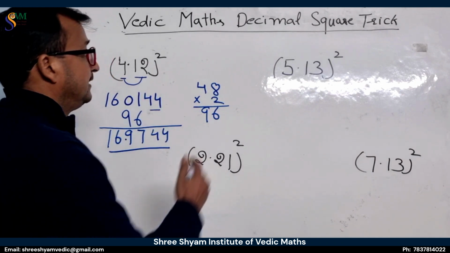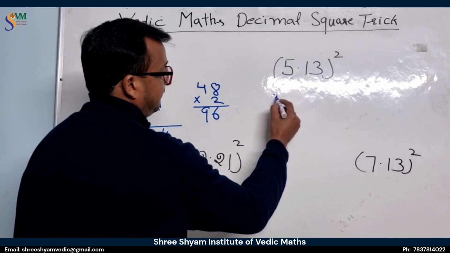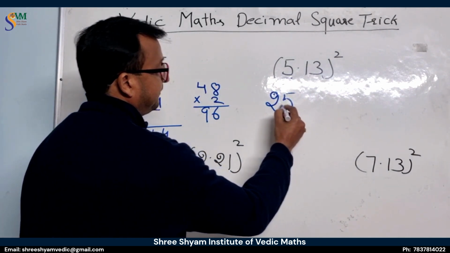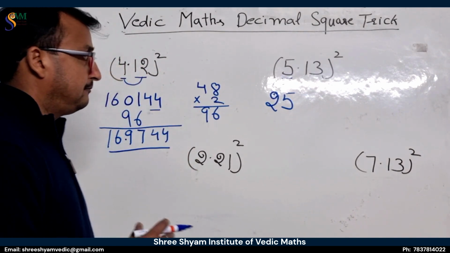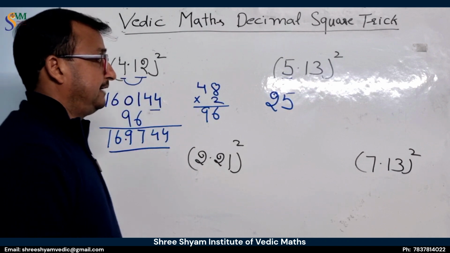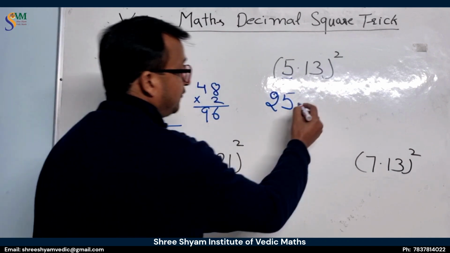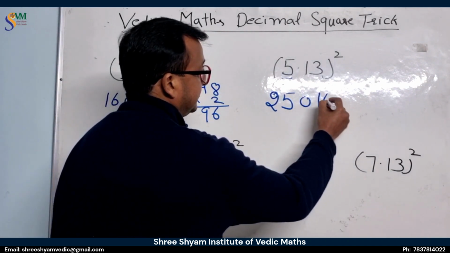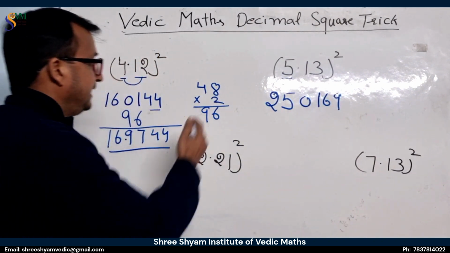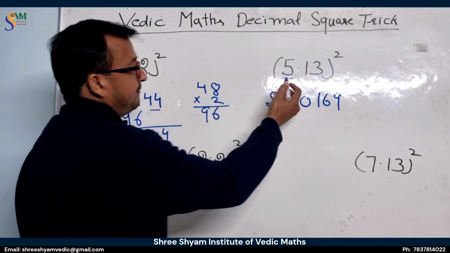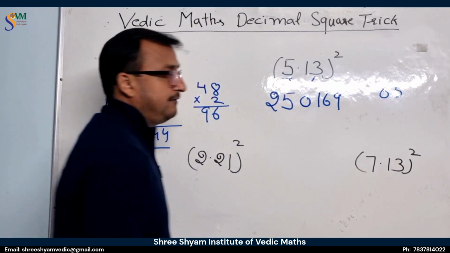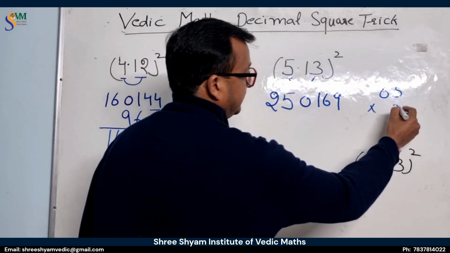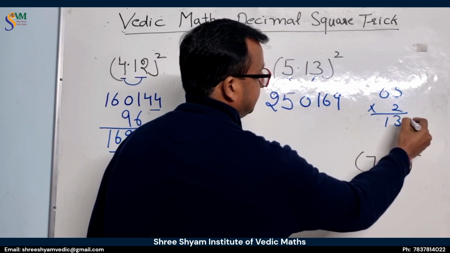Another question, 5.13. Same logic, we take the square of 5, it is 25. Then the square of 13 is 169, but we don't take 169 because we know there are 4 digits, so we write it as 0169. Again, just like in the first question, we multiply 13 into 5, which is 65. Double the number, 130.